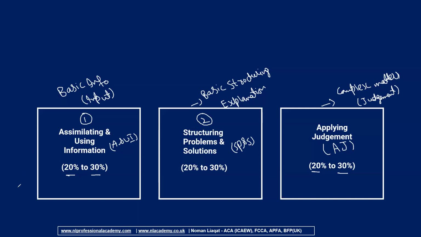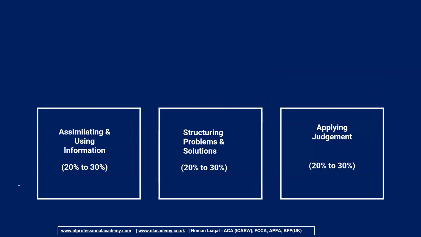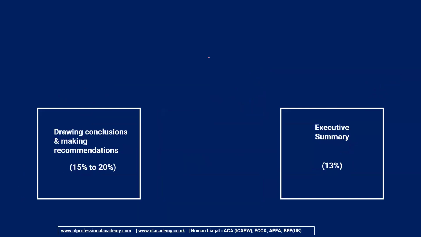Now let's talk about 2 further skills. Fourth one is basically about drawing conclusions and making a recommendation. Some people say conclusion is a separate skill and recommendation is a separate skill, and then executive summary is something else. It's entirely up to you how you want to differentiate this.